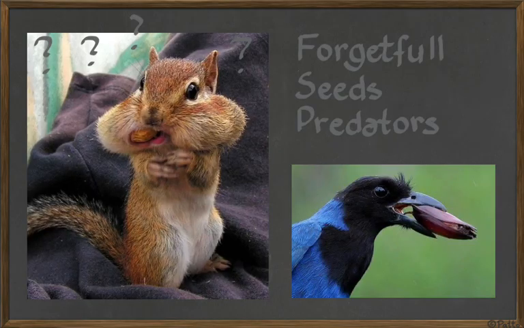They forget where they buried them. Oh, where did I put those little seeds? And some of them are hidden by them, so they're not eaten by other predators. They are already buried and ready to germinate. So they are going to be germinating over there.